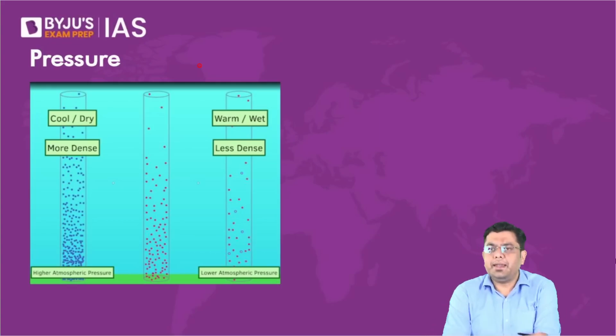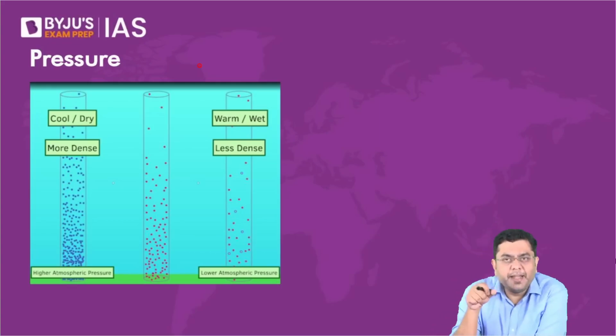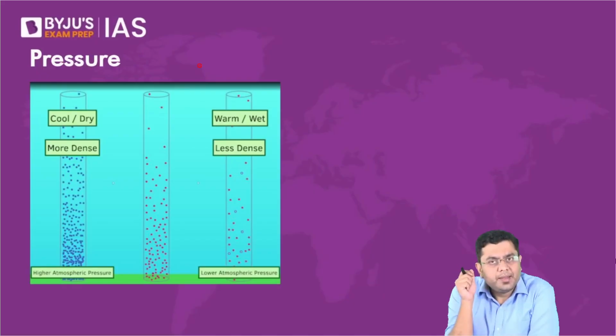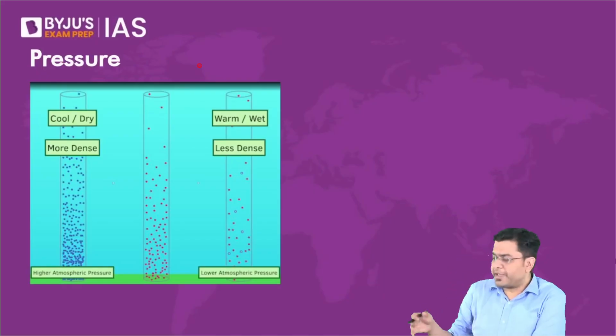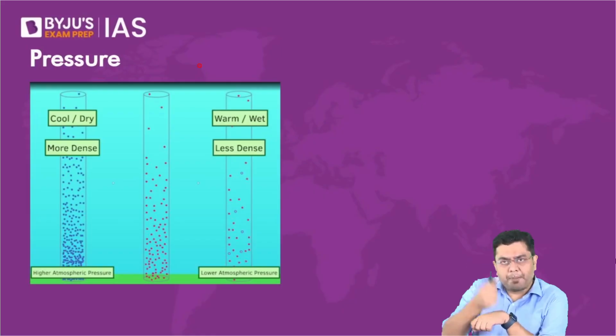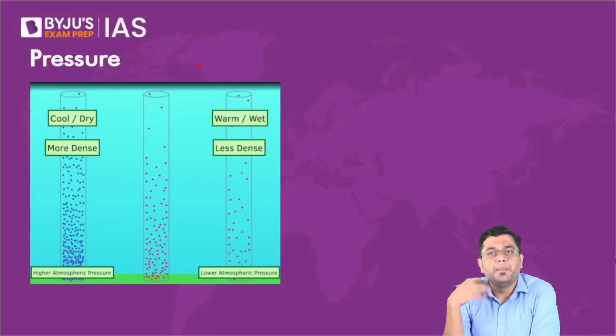Pressure is basically the total amount of force which is applied per unit area. That is pressure. So, for example, take any object, if it applies some amount of force, that is regarded as pressure.